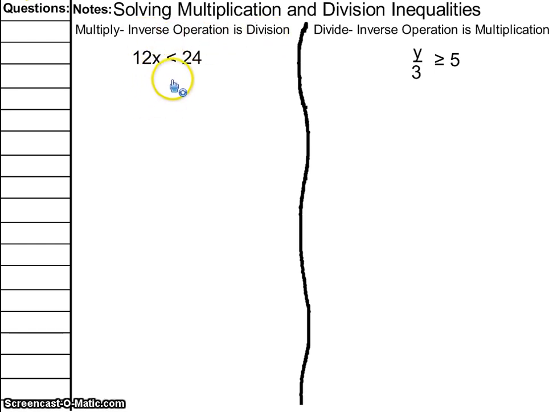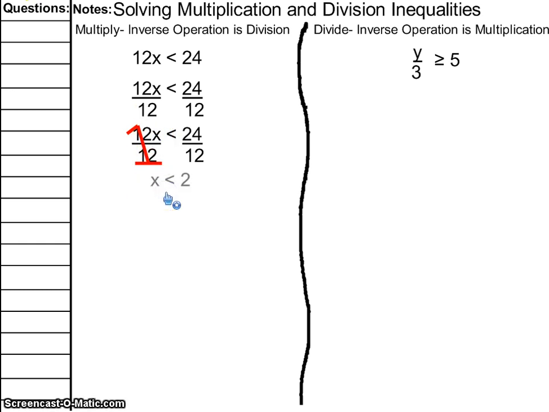So we're going to divide by 12. 12 divided by 12 equals 1, and 1 times x is x, and 24 divided by 12 is 2.